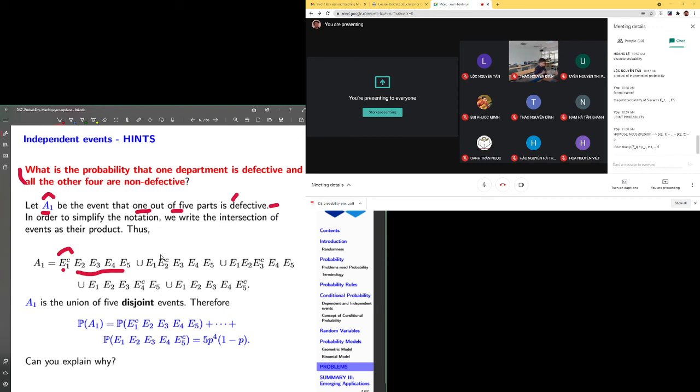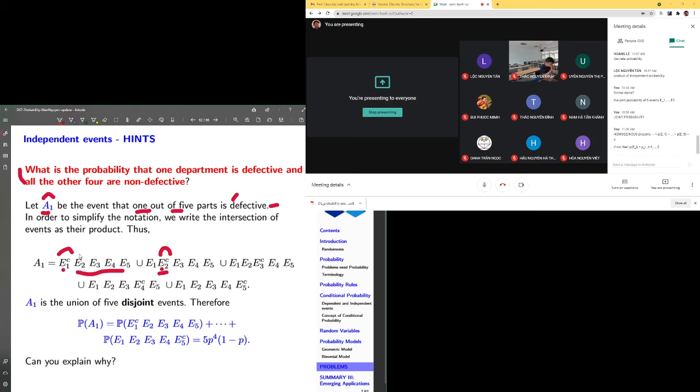Then a possible case will be like this. Possibly the second department is also defective. So that means E2 complement. We defined E2 as the second department being good. The complement of E2 means the second department is bad, defective.